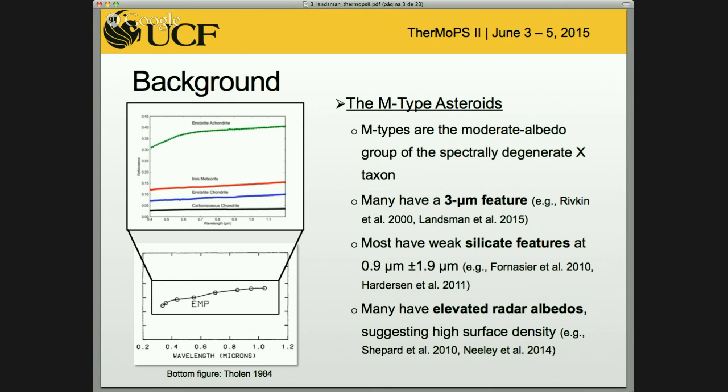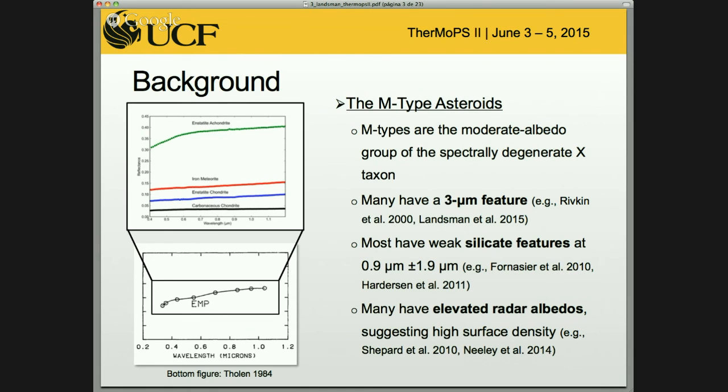And then more detailed studies with higher spectral resolution in the near infrared in the last 5 to 10 years have shown that most of the M-types actually do have weak absorption features around 0.9 and 1.9 microns, and these have been attributed to high temperature orthopyroxenes.